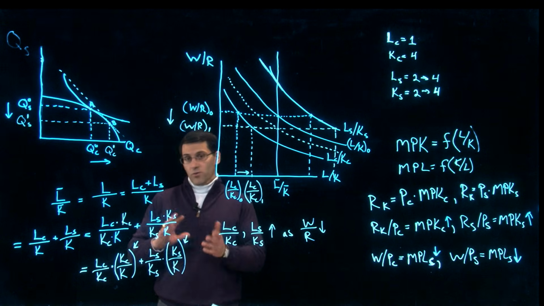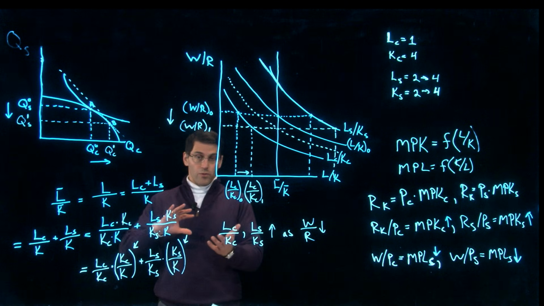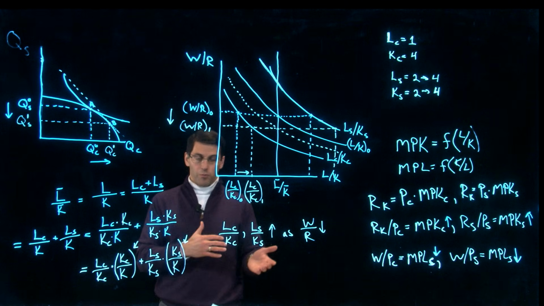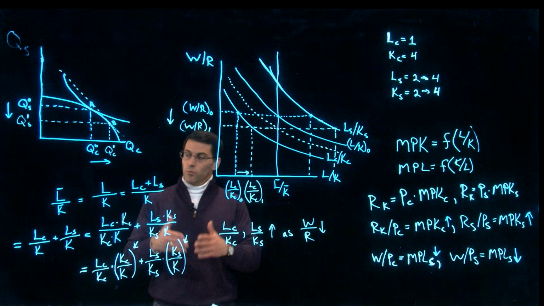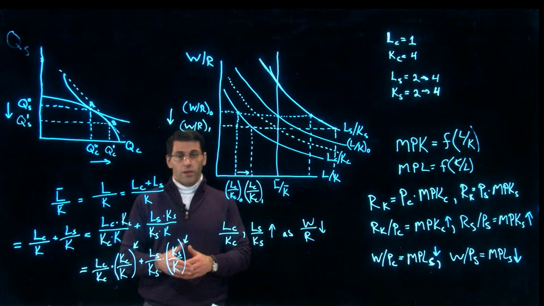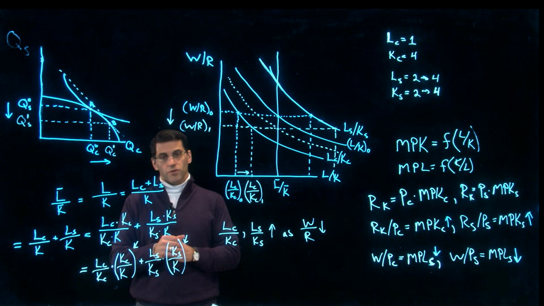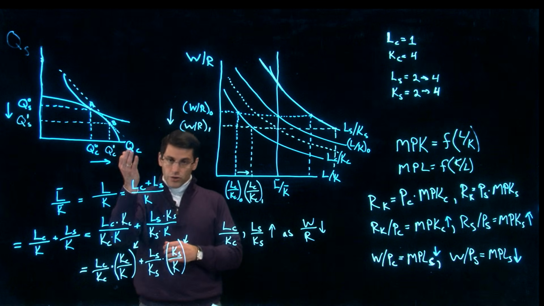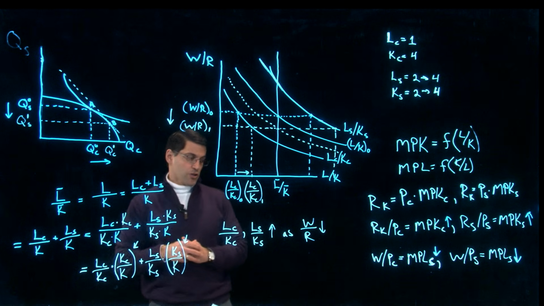Now, of course, everything we say for the home country, the reverse holds true for the trading partner, the foreign country. So when we open up to trade in this example, the home country sees the relative price of computers go up.